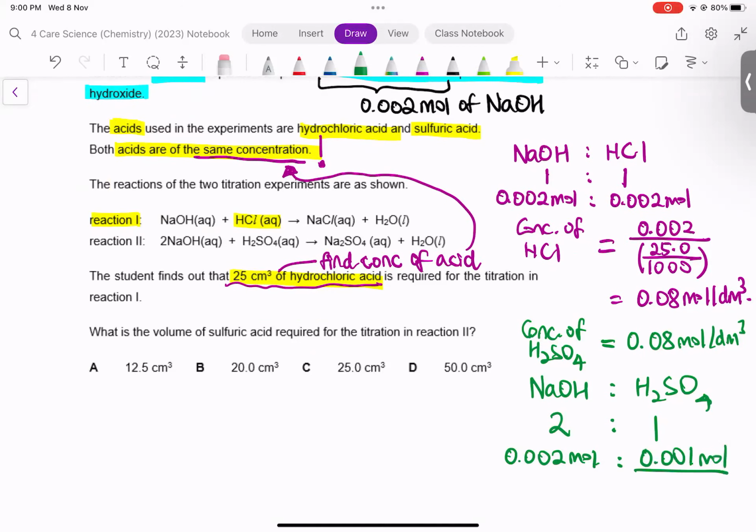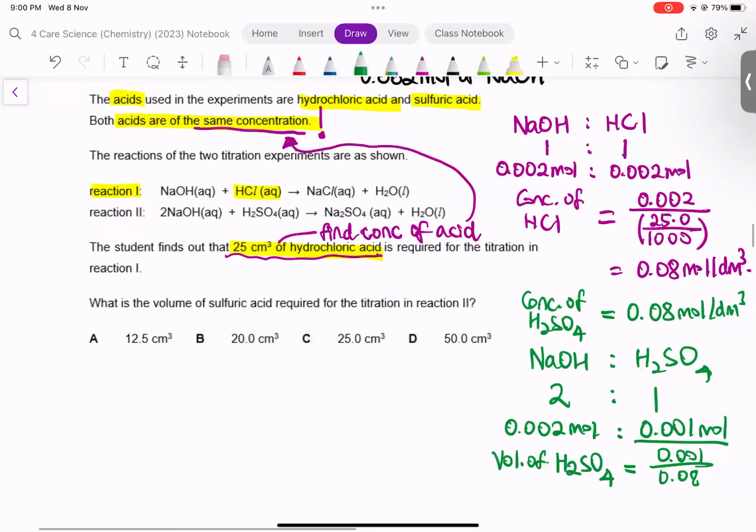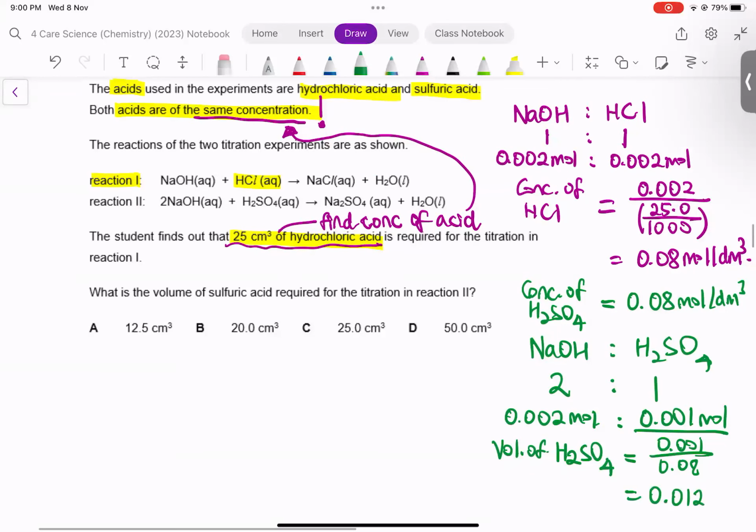And the acid is 0.001 moles. So what is the volume of H2SO4 which you want to find? So it's N over C, 0.001 over the concentration, 0.08, and that gives you 0.0125 dm cube. If you convert to cm cube, 12.5.